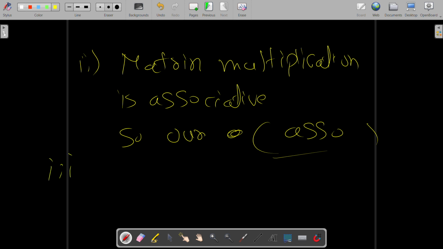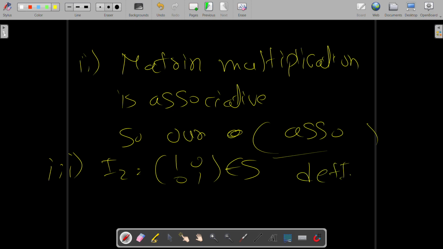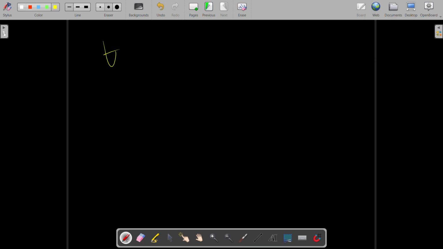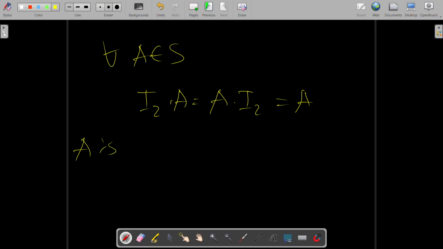And I2, equal to 1 0 0 1, belongs to S, because the determinant of I2 is equal to 1, not equal to 0, and this is the identity element. For all A belonging to S, we can check I2 into A equals A into I2 equals A. So the identity property is shown here.